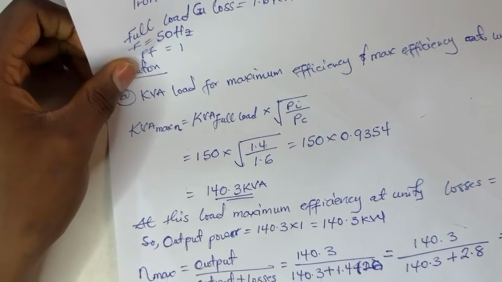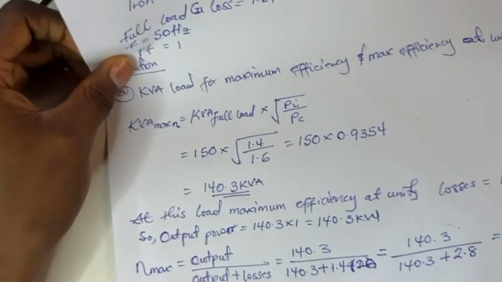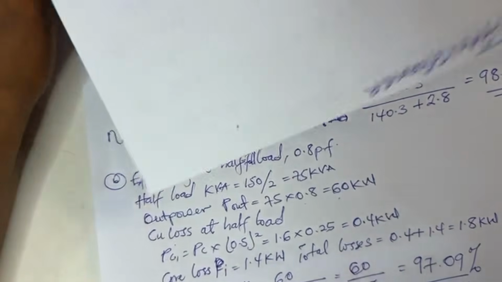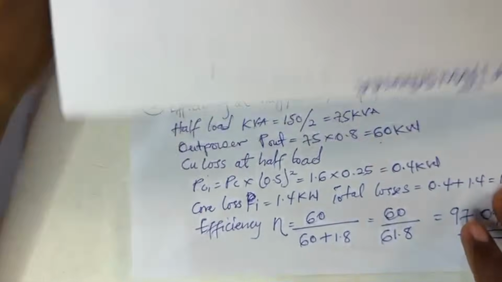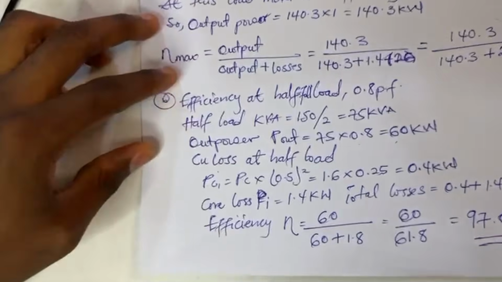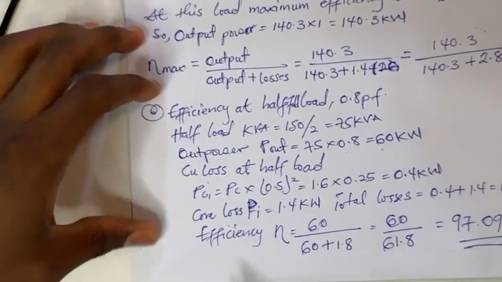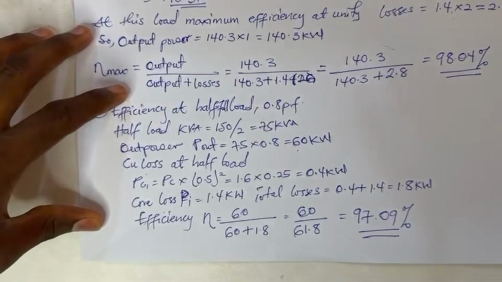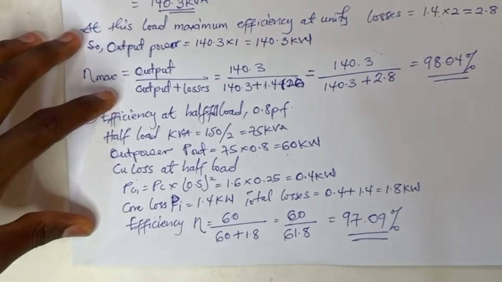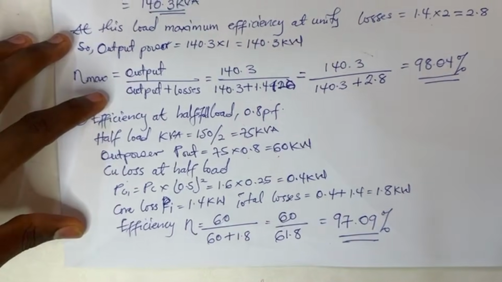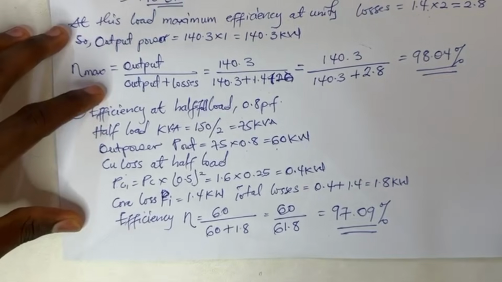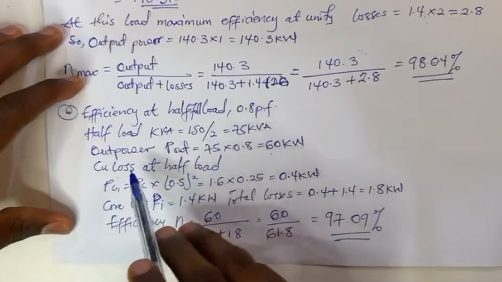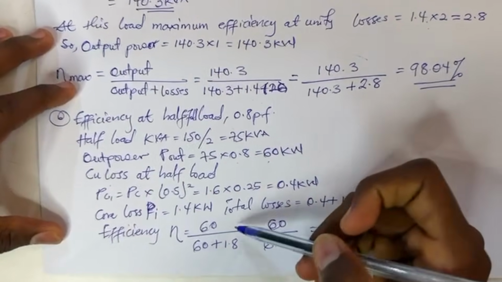Now let's put it in our equation. To find the efficiency, we get the output power divided by the output power plus the losses. Our output power is 60.